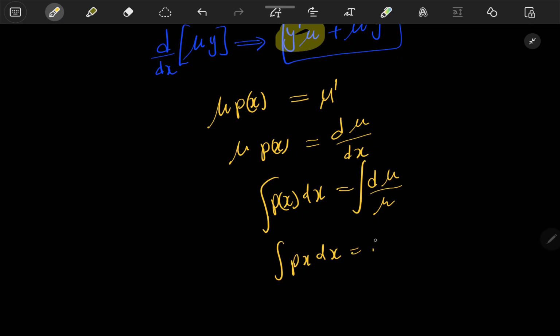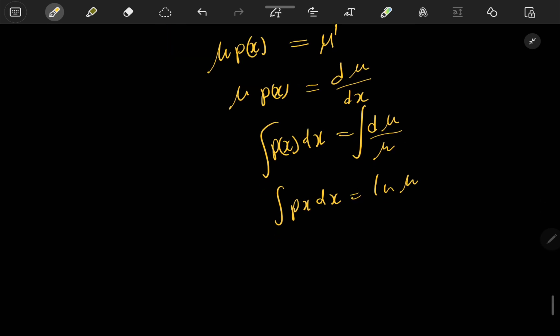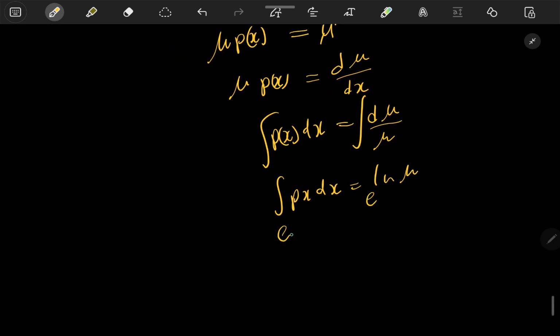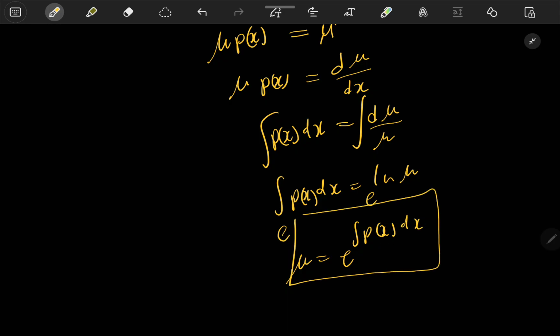To get mu, I have to raise e to both sides, and then mu has to equal e to the power of the integral of p of x dx. That's what mu is, and it has been in our calculation.